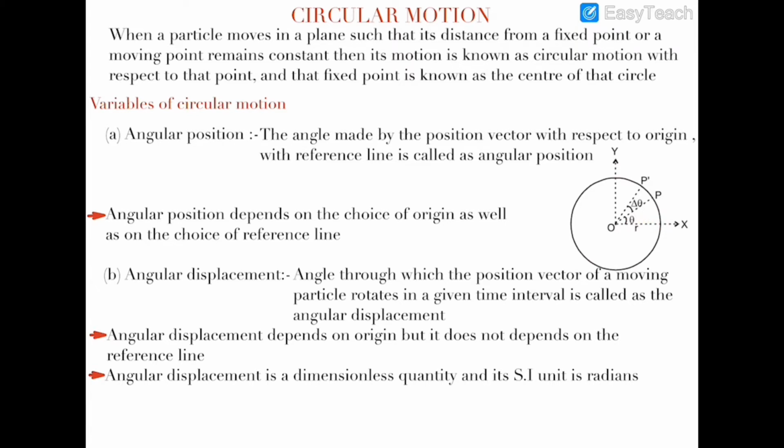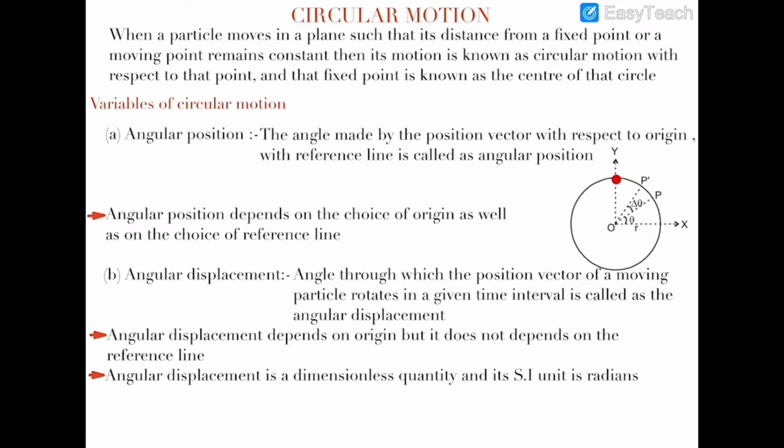As the particle starts to rotate in the anti-clockwise sense, at some instant of time it will make an angle of theta with this x-axis, measured in the anti-clockwise direction. Then this theta will be the angular position of this particle P. If the particle is at P dash, its angular position will be theta plus delta theta.